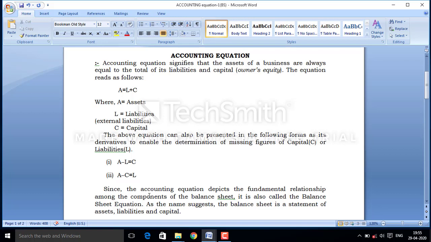So while preparing the accounting equation, we must establish a relation between the different components of balance sheet, either related to assets, or liability, or capital.